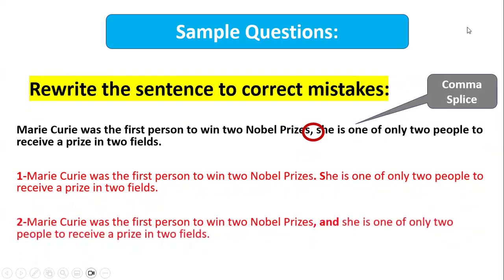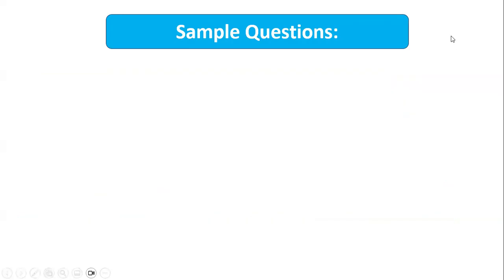Or I can use one of the very famous and easy coordinating conjunctions, which is and, one of the fanboys. You can notice that after and, we have a complete sentence, subject and a verb. So we can use a comma and then the word and.